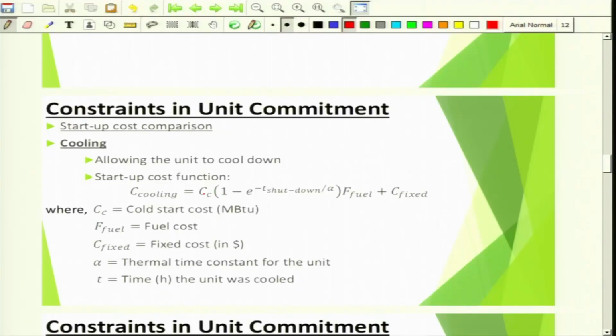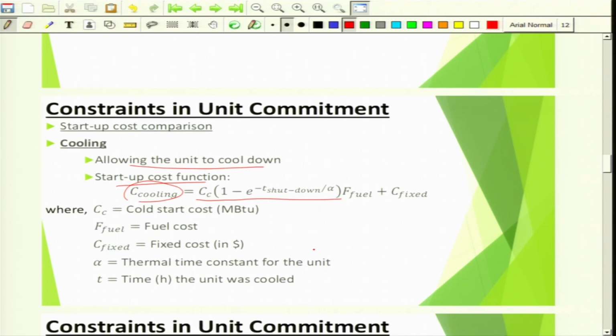So the startup cost comparison you can see here. Allow the unit to cool down, the startup cost function, this is the expression: Cc into (1 minus e to the power of minus T shutdown by alpha) into F fuel plus C fixed. This is the expression for the total cost involved in cooling.